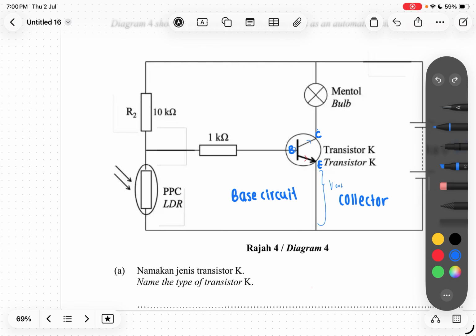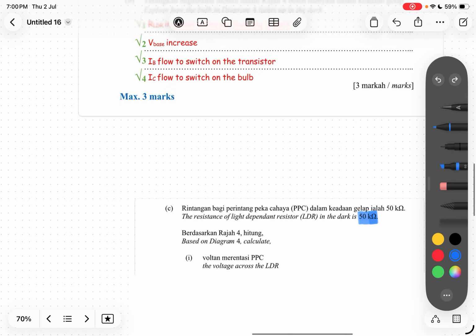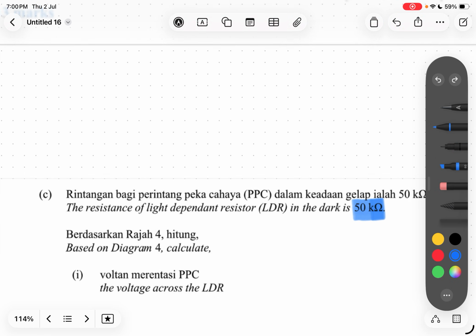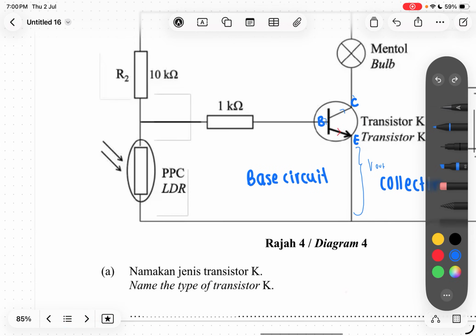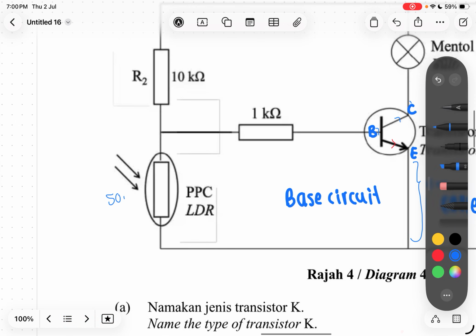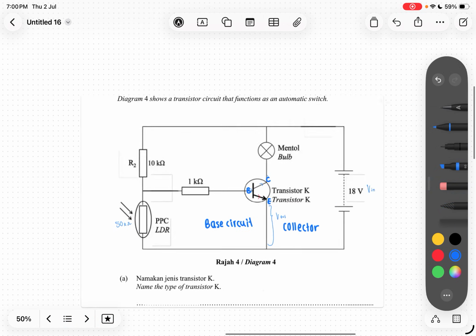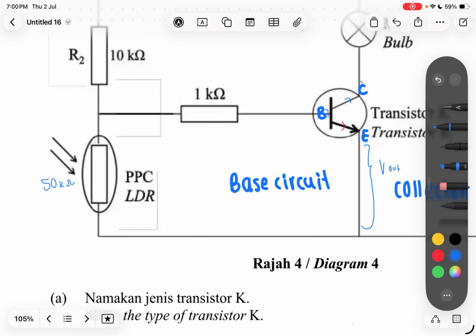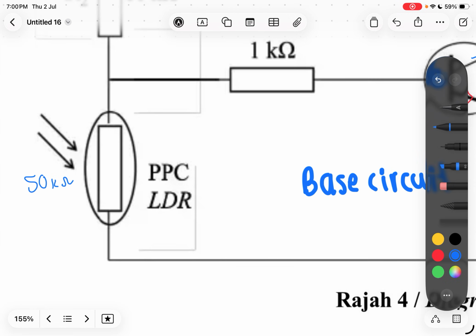And since this is my V out, the R that I will take as my numerator, it says the LDR resistance is 50 kΩ. So V out will be at the same position as this resistance.